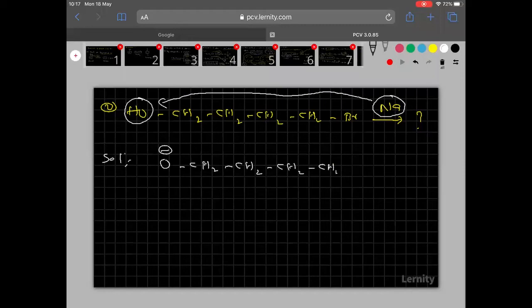That means, see clearly everyone now, this is the nucleophile and this is the leaving group. So nucleophile and leaving group both are present in the same compound. Is it clear?